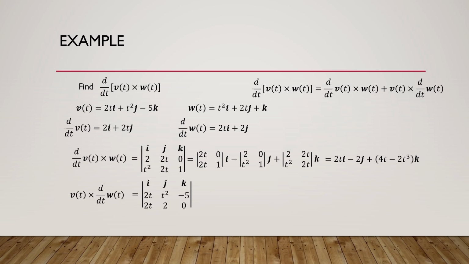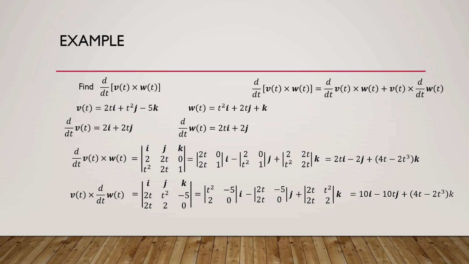We solve this using the three 2x2 determinants, starting with (t squared, negative 5; 2, 0) times i, minus (2t, negative 5; 2t, 0) times j, plus (2t, t squared; 2t, 2) times k. This equals 10i minus 10tj plus the quantity of 4t minus 2t cubed times k.